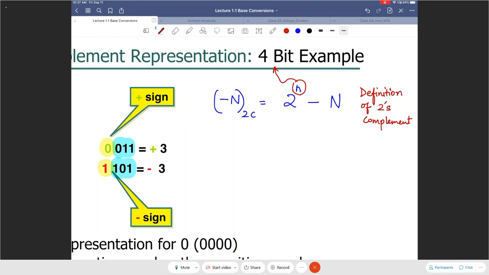So let's see if we can redo this same case here for -3. Over here, n is 4, and I need to find the 2's complement representation of -3.